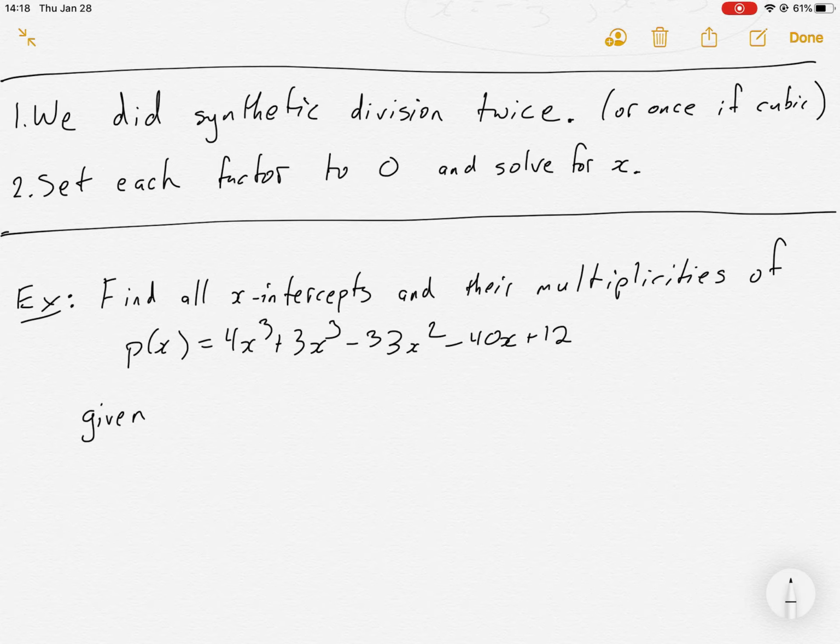And I'm going to give you some information as well, given that -2 and 3 are zeros of the polynomial p of x.